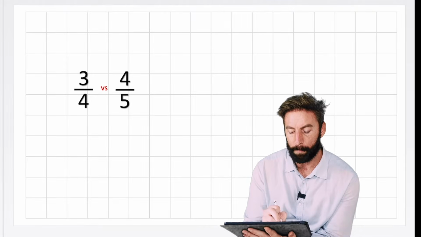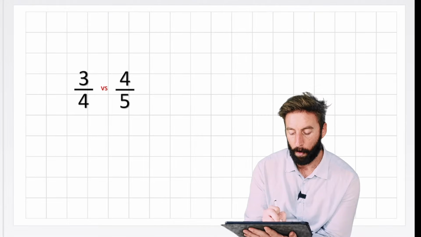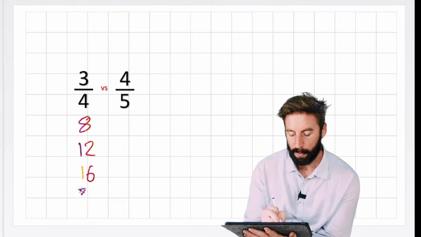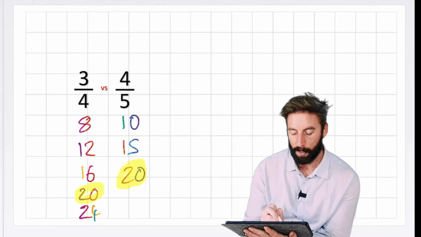So I'm going to go up in a couple of their times tables and just show you a method to do this. So I could go 4, 8, 12, 16, 20, 24. I'm going to stop there for a moment. And then in my 5 times table, I could do 5, 10, 15, 20. Oh, I see something. I have a 20 over here, and I have a 20 on this side.